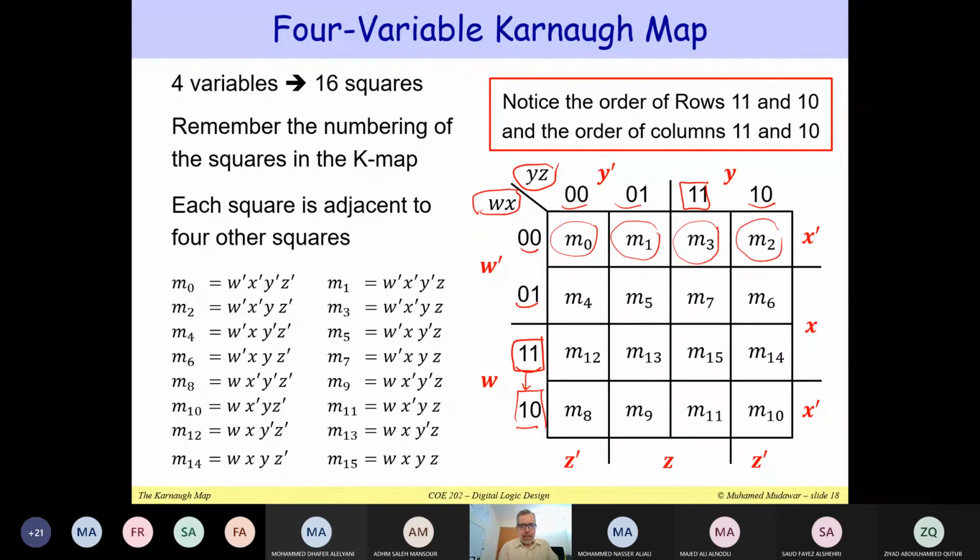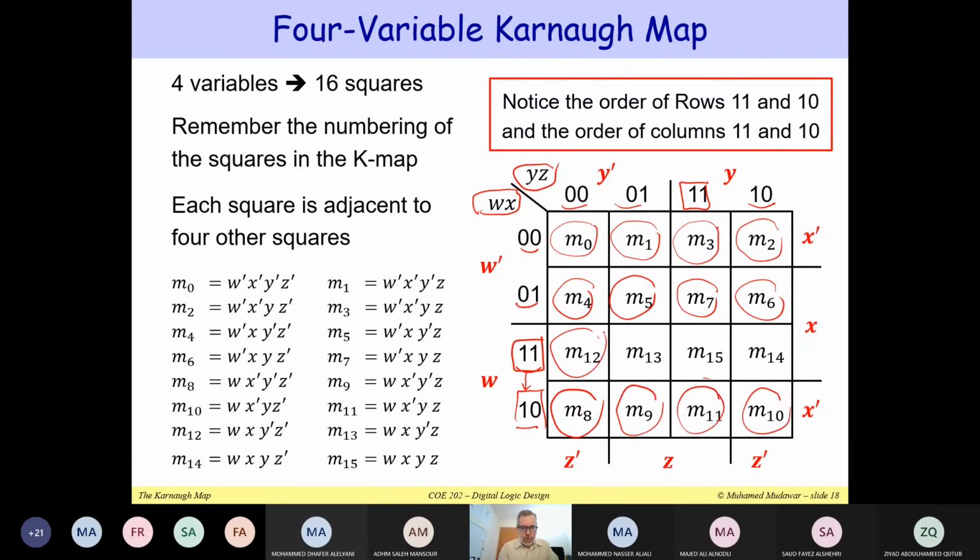In this order. Then 4, 5. Notice that you put 7 before 6, according to how we number the columns. Notice that M8 appears here. It is 1, 0, 0, 0. That's M8 in the last row. Then 9. Notice that 11 comes before M10.